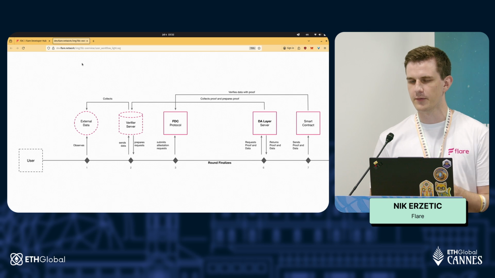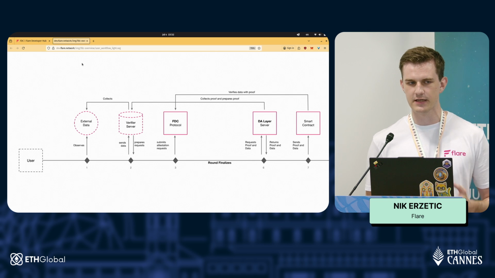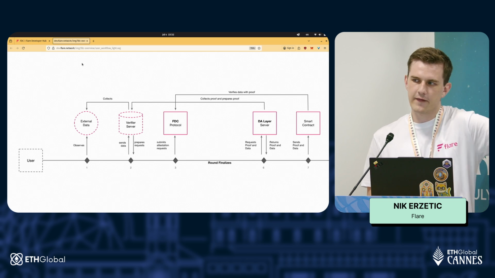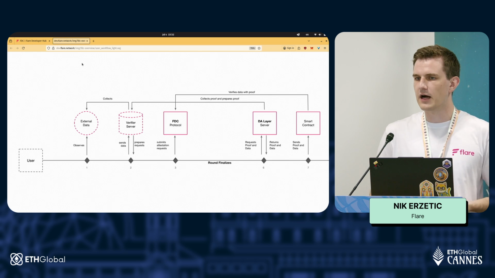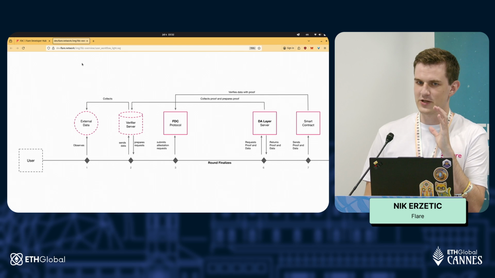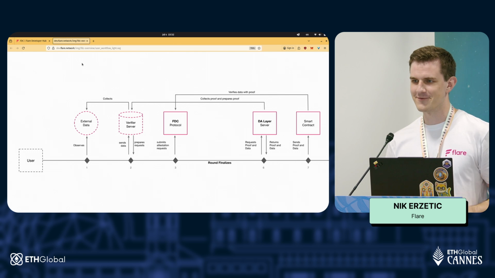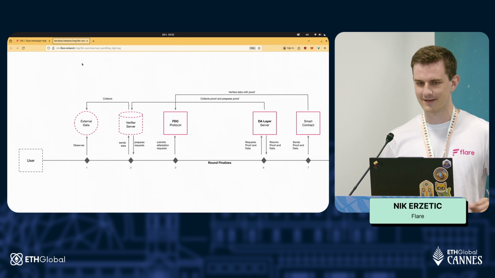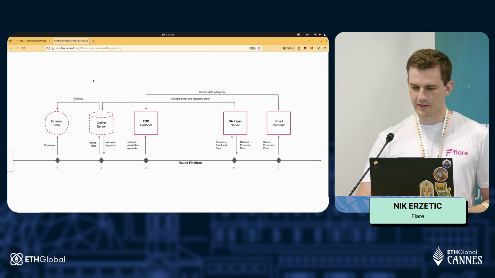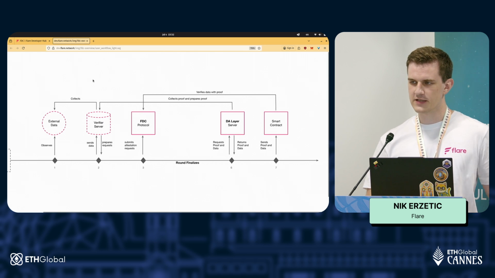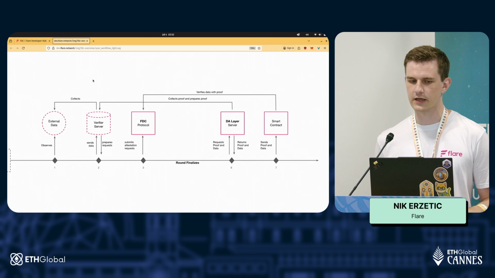For example, you could be building an insurance agency that needs weather data to resolve insurance policies that rely on that weather data, which, by the way, is a guide that I have written, so you can look at that in your own time. But anyways, the diagram here demonstrates what the user workflow looks like.